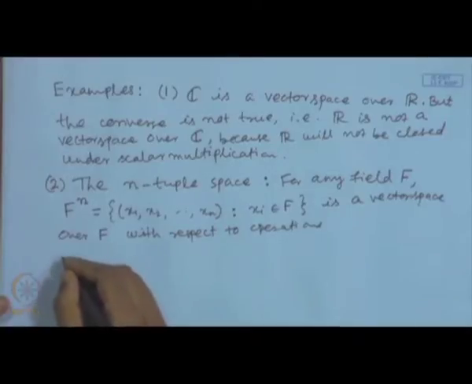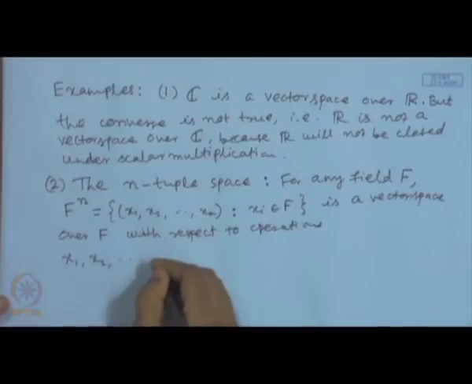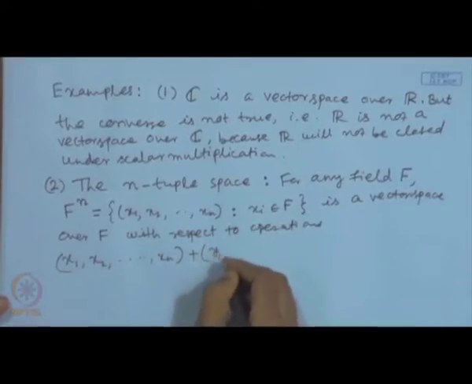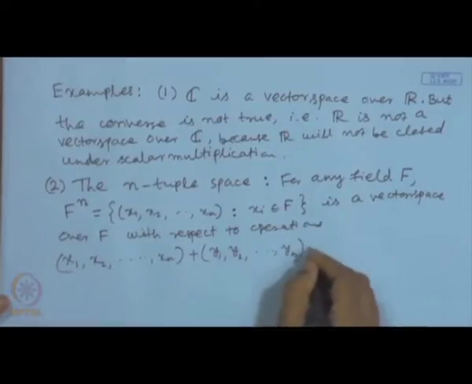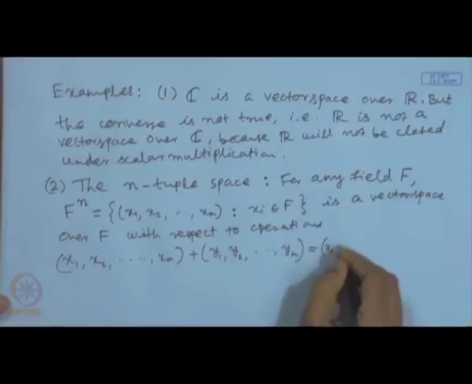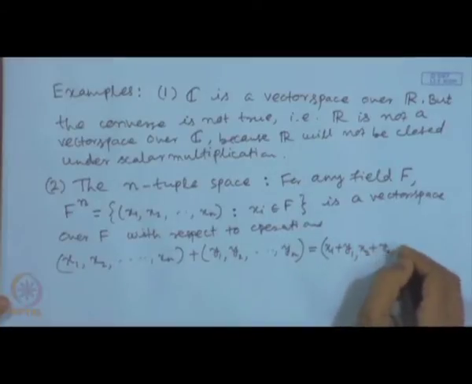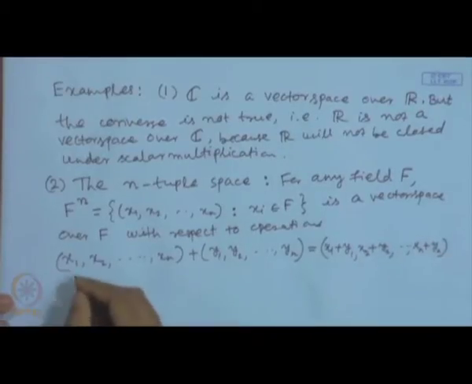that for any two elements, addition is defined like this: (x1, x2, to xn) plus (y1, y2, to yn) is equal to (x1 plus y1, x2 plus y2, like this, xn plus yn), coordinate wise addition.